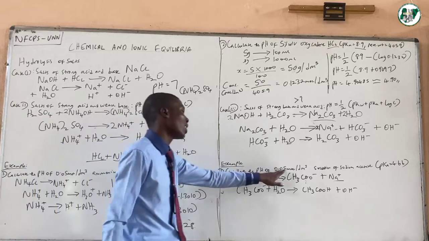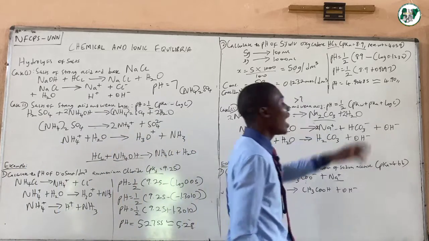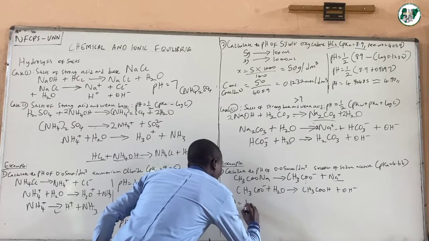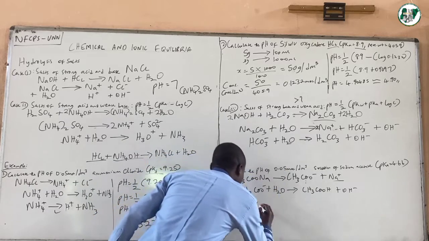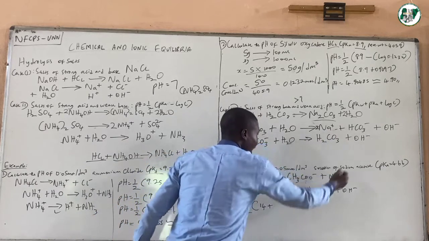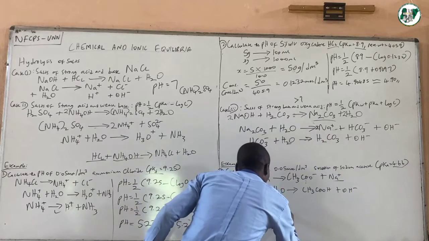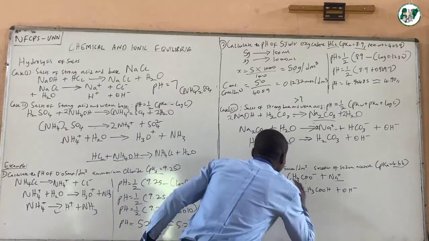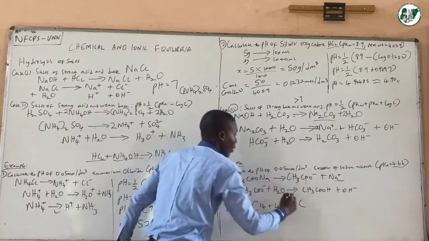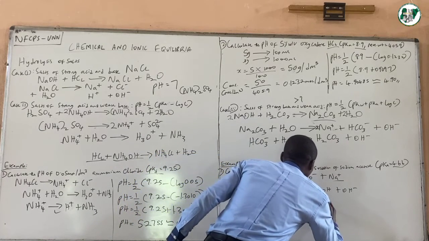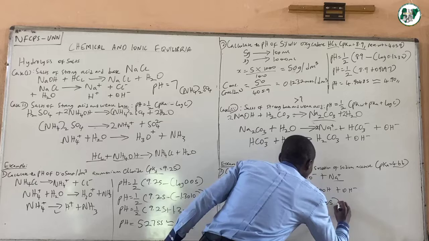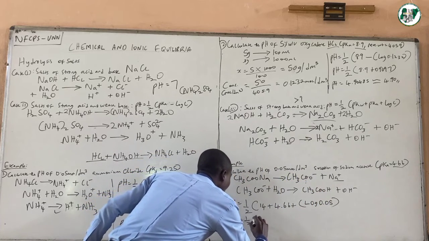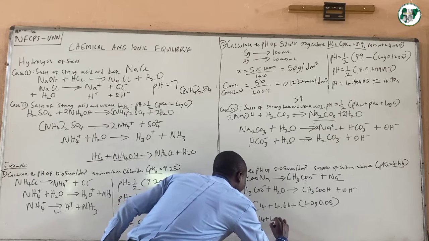Now we have our concentration, our pKa, and our formula. Can we get our pH? Yes, we can. Our pH is equal to 1 over 2 bracket pKw, which is 14, plus our pKa, which is 4.66, and then our log C, which is log 0.05 mole per dm³. So our pH is equal to 1 over 2 (14 plus 4.66 plus log 0.05).